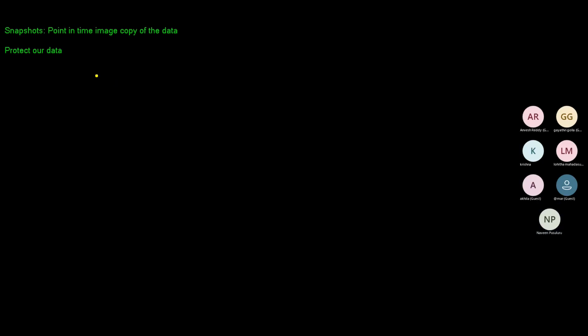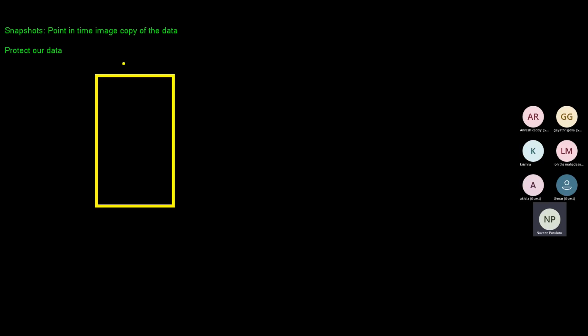So let's assume that this is my volume, a volume called vol1. And let's assume I have some data in this volume. Again, in order to explain it properly, I'll just take data in the format of A, B, C, D, something like that.